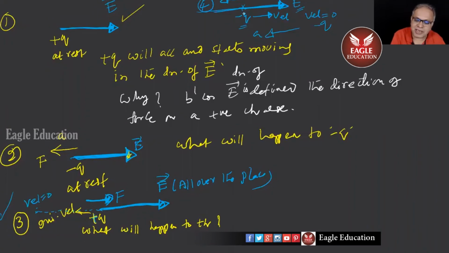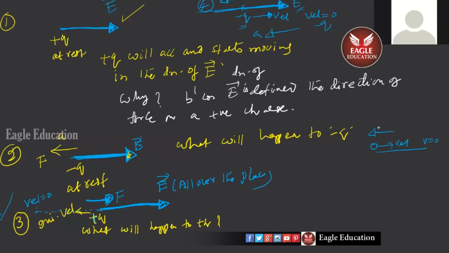This electric field is like a stone thrown this way, but force is in the opposite direction. Plus Q in the same direction, minus Q in the opposite direction. So when a body is given a velocity like this and force is in the opposite direction, it won't turn back, children. It will slow down to rest. Then if I continue to apply this force, it will accelerate this way.